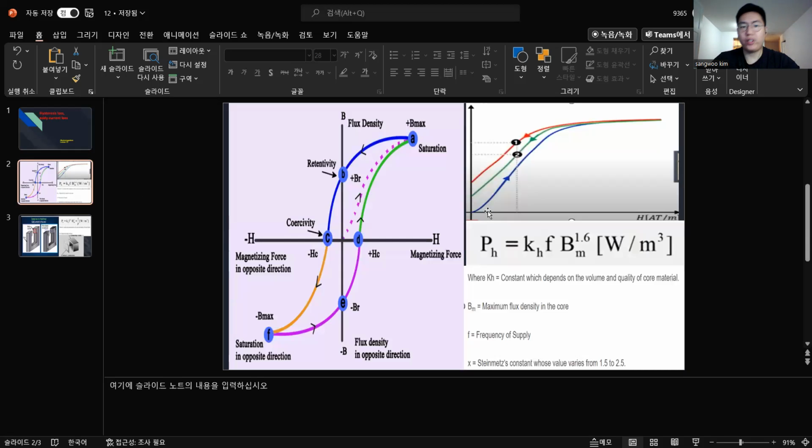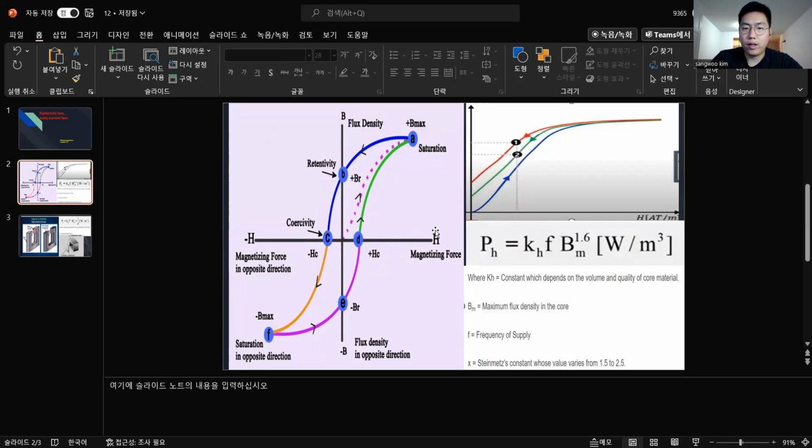So the first thing is hysteresis loss. We see this hysteresis loss curve. First of all, look at that. I will explain from here, and I will explain by drawing.